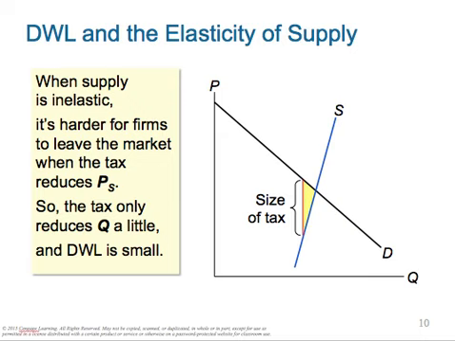So when there's no tax, the market equilibrium quantity maximizes total surplus. The tax causes the price that sellers receive to fall. So sellers will supply a smaller quantity, and the new equilibrium quantity falls below the one that maximizes total surplus.